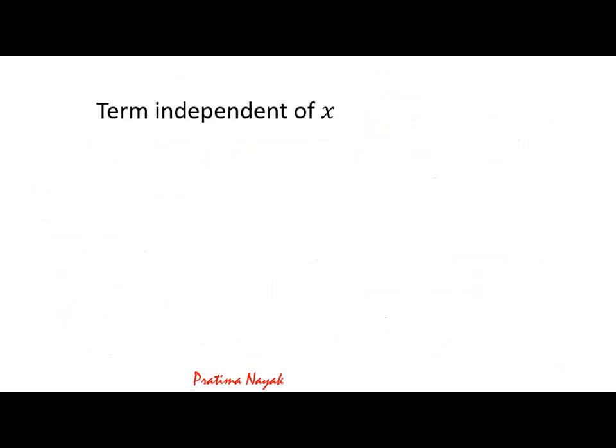Next is the term independent of x. Here also I am sharing a short formula for you. What is it? If you are expanding, let me write the formula first. Suppose 1 plus x to the power 11. Independent of x means we are taking the r plus 1th term as independent of x, because this is your general term.